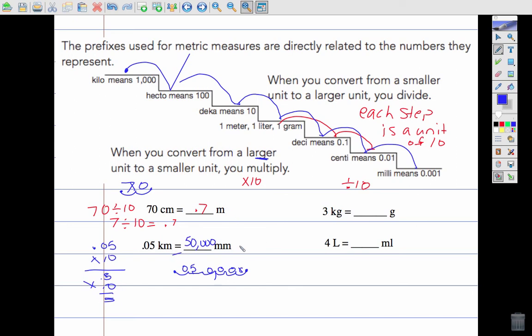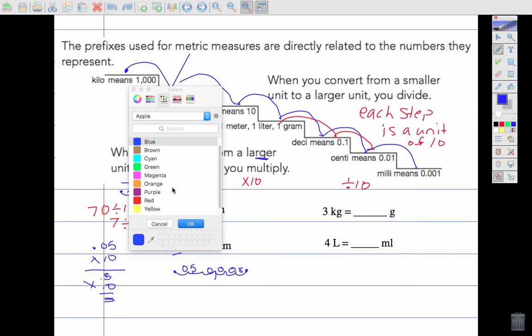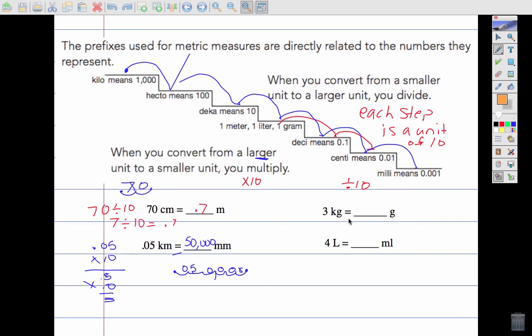So we've used centimeters to meters and kilometers to millimeters. Let's look at gram, and gram is a measure of weight. So let's use a different color. So I'm going to go from kilogram to gram. So I'm going to start up here at kilogram, and I have to count my steps to gram. So I have 1, 2, 3.